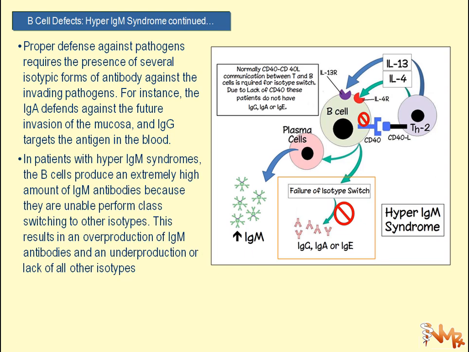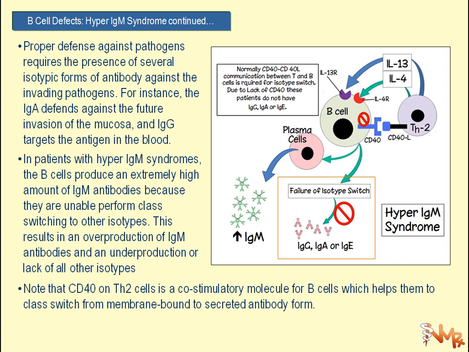In patients with hyper-IgM, the B cells produce extremely high amounts of IgM because they are unable to perform class switching to other isotypes. This results in an overproduction of IgM antibodies and underproduction of other isotypes. I want you to know that CD40 ligand on Th2 cells is a co-stimulatory molecule for B cells and helps them to class switch from membrane-bound to secreted antibody form.